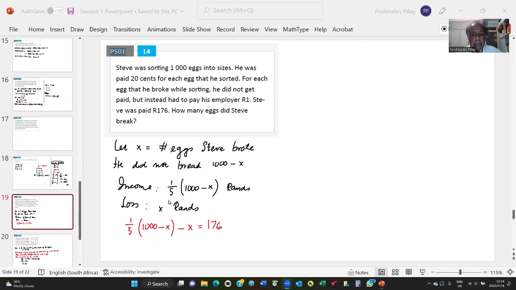That's a loss. And therefore, his total income, net income, would be whatever he gained minus whatever he lost. And that's what you get here. And we know that the net income was 176 rands. And then you have a simple equation in X, and you can go ahead and try to solve this equation.